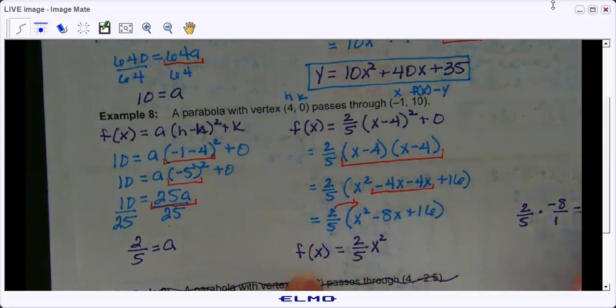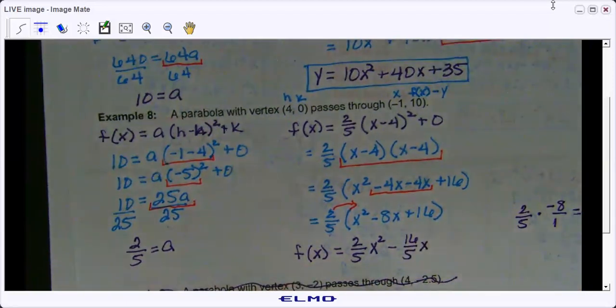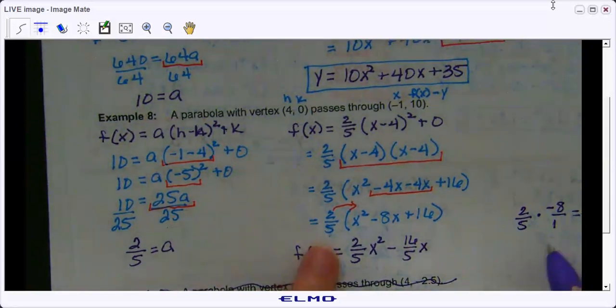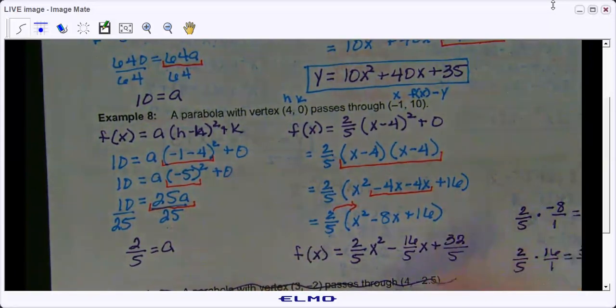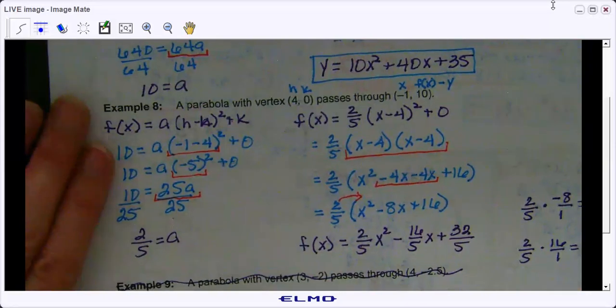So in this case, we have minus 16 over 5 x. We do the same thing with 2/5 times 16. 2/5 times 16 over 1 is 32 over 5. So we have plus 32 over 5, and that would be our answer right there.